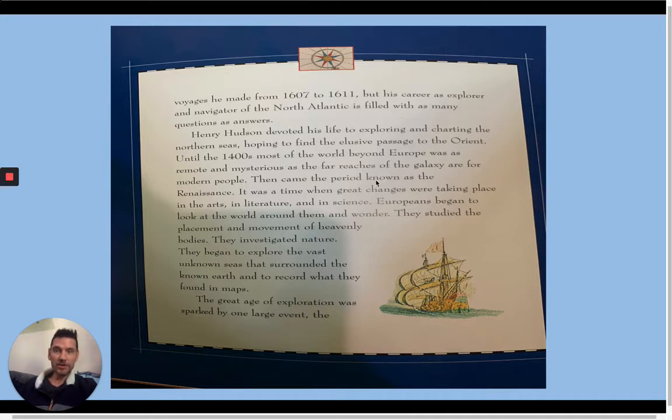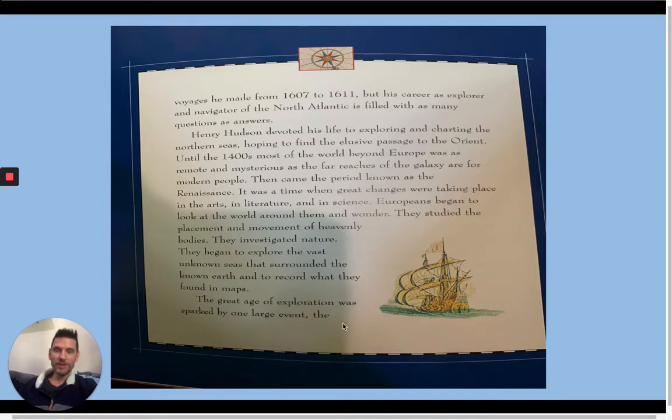Then came the period known as the Renaissance. It was a time when great changes were taking place in the arts, in literature, and in science. Europeans began to look at the world around them and wonder. They studied the placement and movement of heavenly bodies. They investigated nature. They began to explore the vast unknown seas that surrounded the known earth and to record what they found in maps.